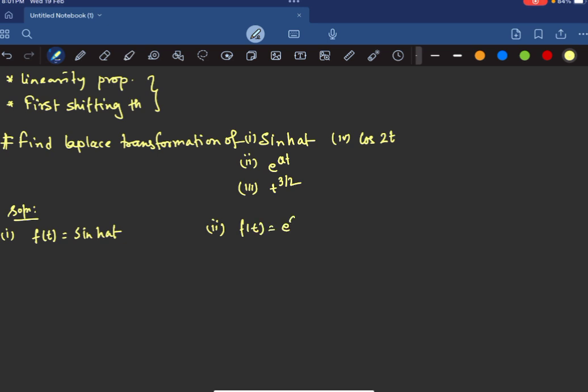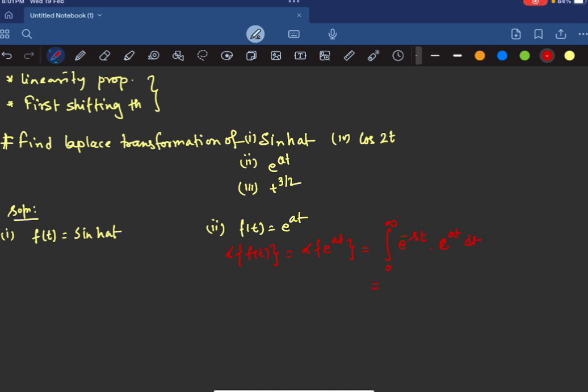The second question: Laplace transform of f(t) equals e power at. See the solution. Laplace transform of f(t) is equal to Laplace transform of e power at. If you apply that formula, it is the integral from 0 to infinity of e power minus st times f(t), so e power at dt.